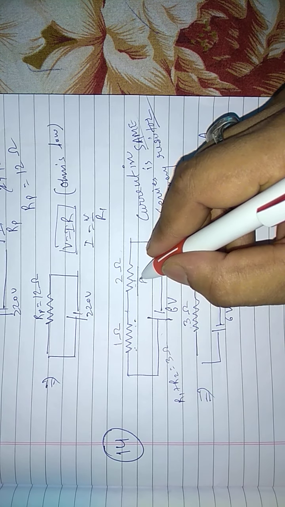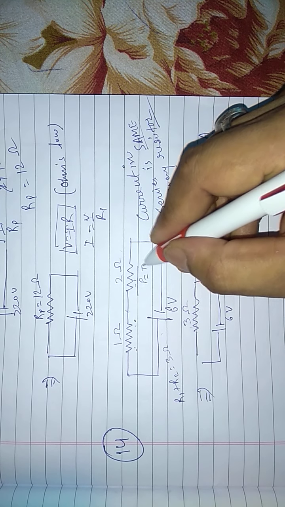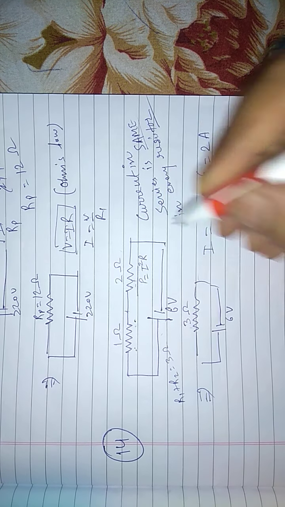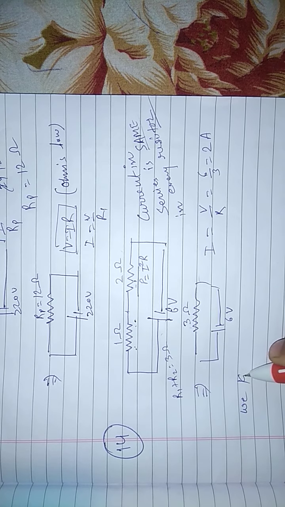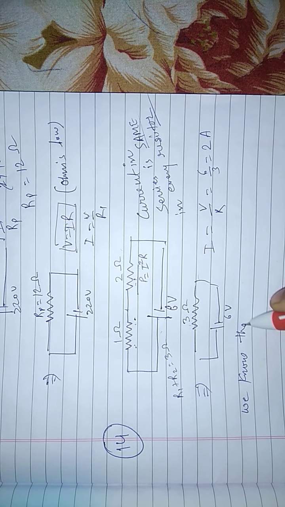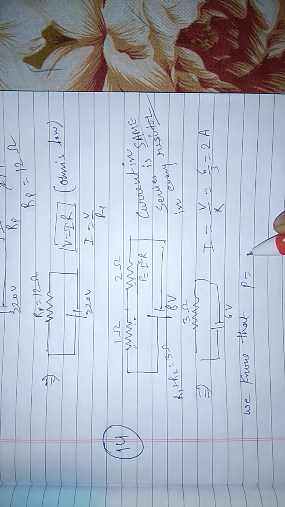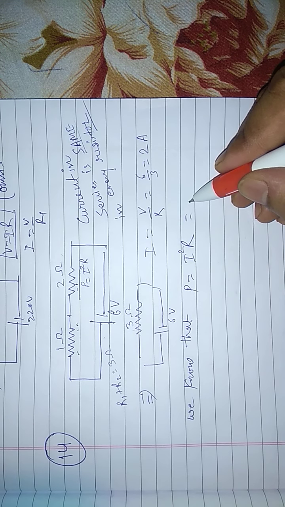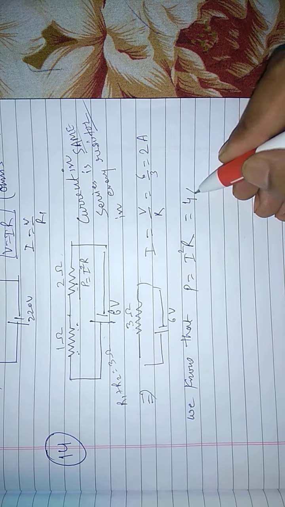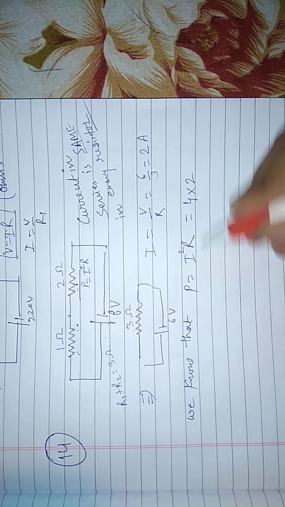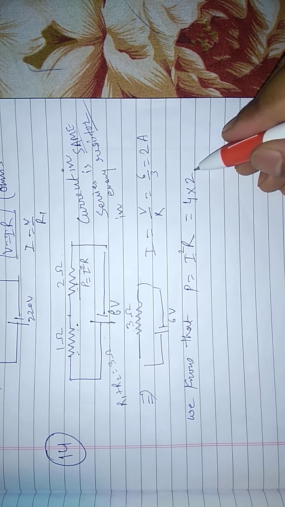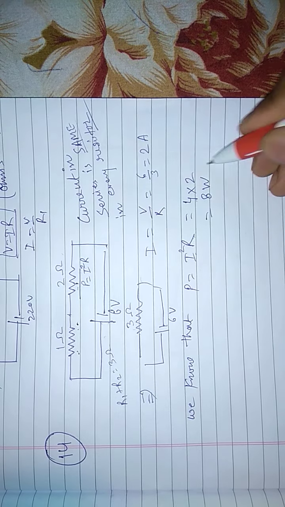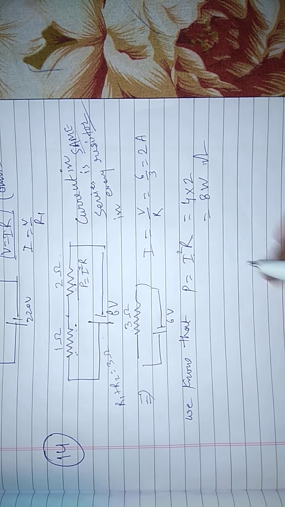So P equal to I square R. We know that power P equal to I square R. R is 2 and I is 2, I square is 4 and R is 2. It is equal to 8 watt. Answer. Okay.